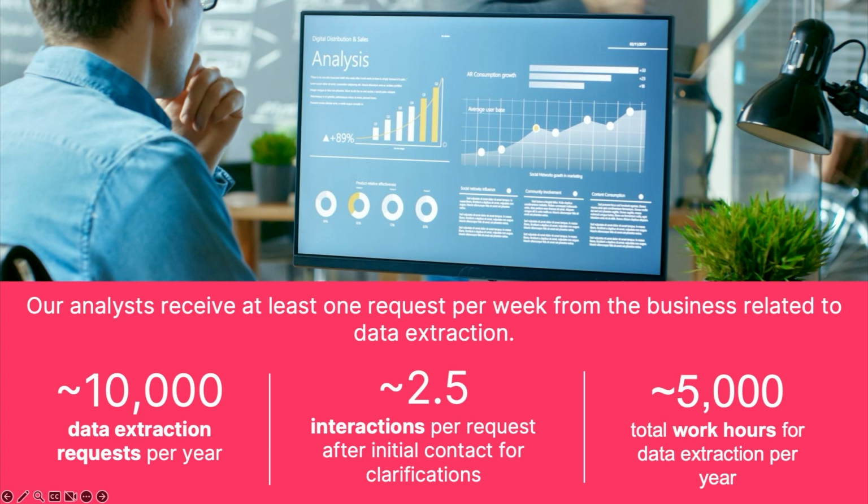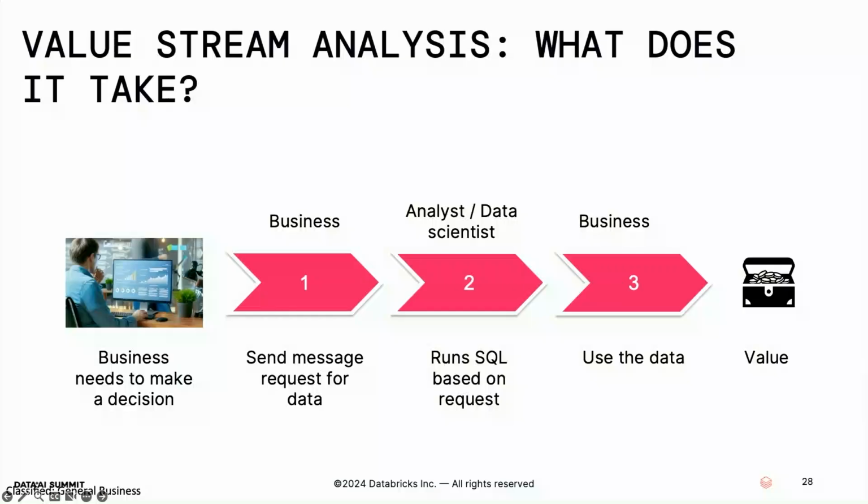So I figured, oh, this is great. This is a problem that we can solve, I think. Let's see how we would go about this. And so we went ahead and made this value stream analysis that I showed you in theory earlier, which starts with someone in the business needing to make a decision.